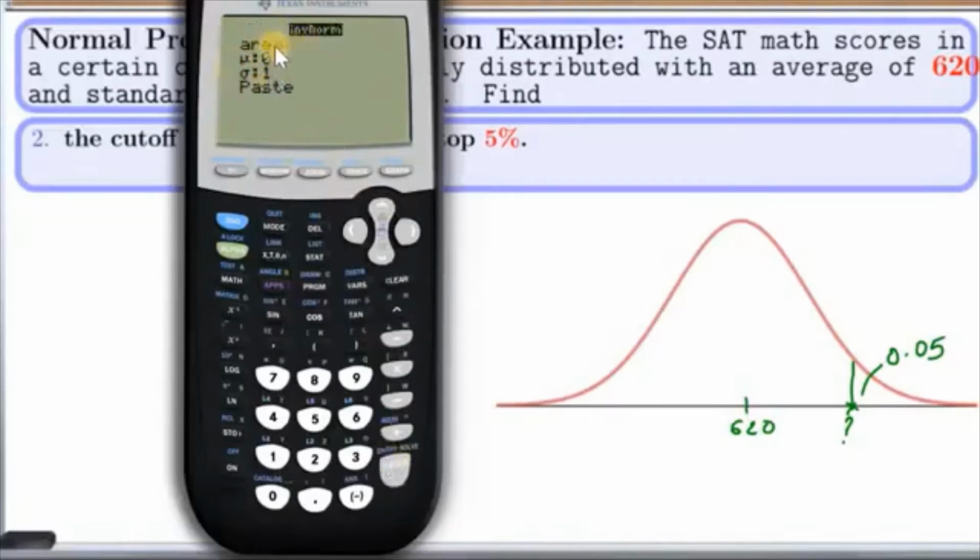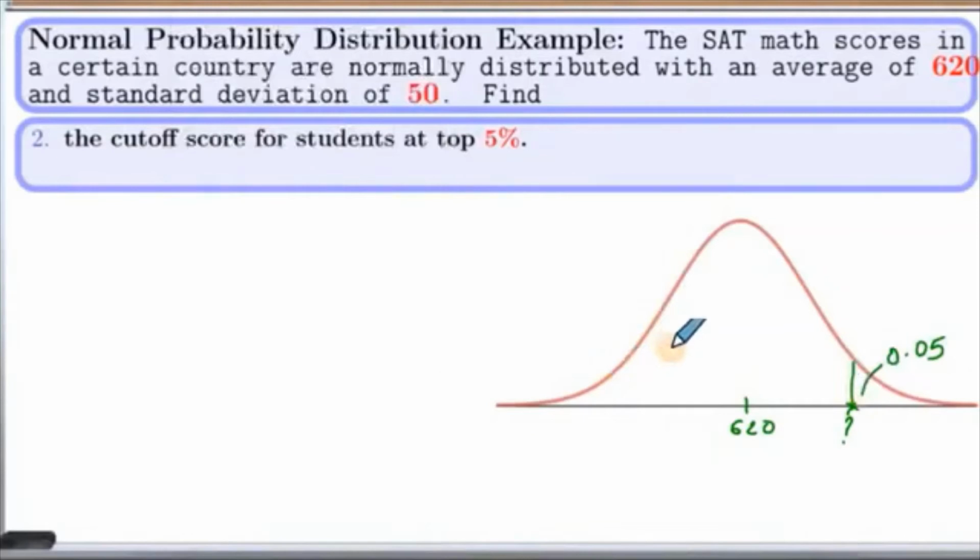This takes area to the left. Since we know the area to the right here is 0.05, and we also know that the area under the curve is 1, if this tail is 0.05, then the rest of the area should be 0.95.